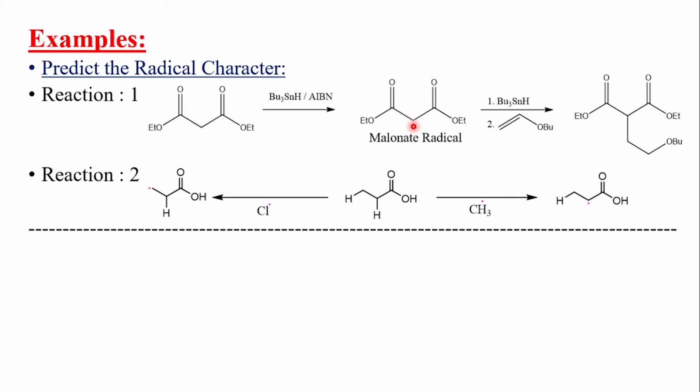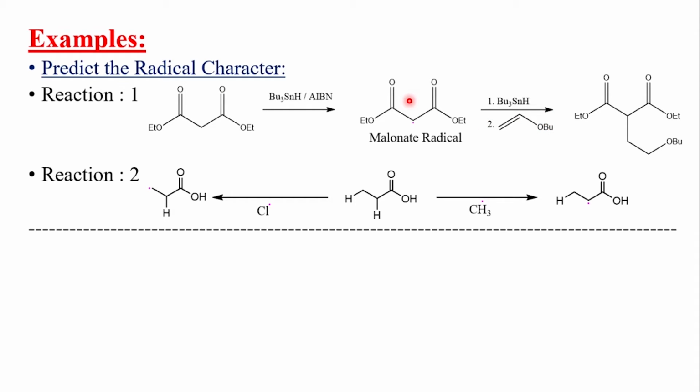In this first reaction, we want to know whether this radical is electrophilic or nucleophilic. You can see this reaction is an addition to a pi bond reaction. This radical connects to 1 and 2 electron withdrawing groups, and this alkene is connected to an electron donating group.